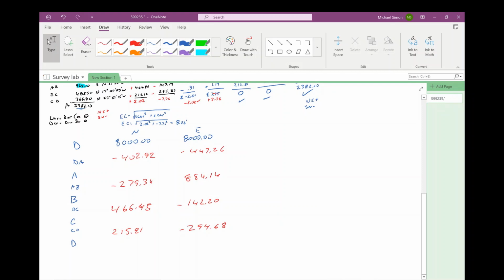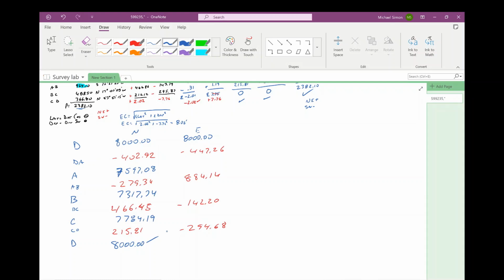I start with, let's say, my northings. 8,000 minus 402.92 would give me point A of 7,597.08 minus 279.34 is 7317.74 plus 466.45, 7784.19 plus 215.81, 8,000. Awesome, I hit it. That's what I wanted to see.